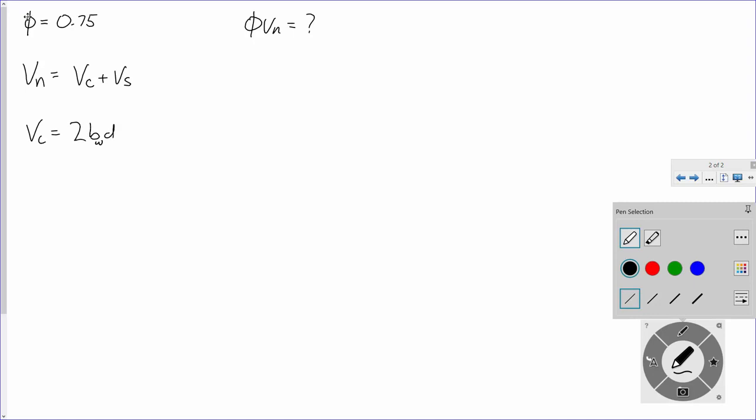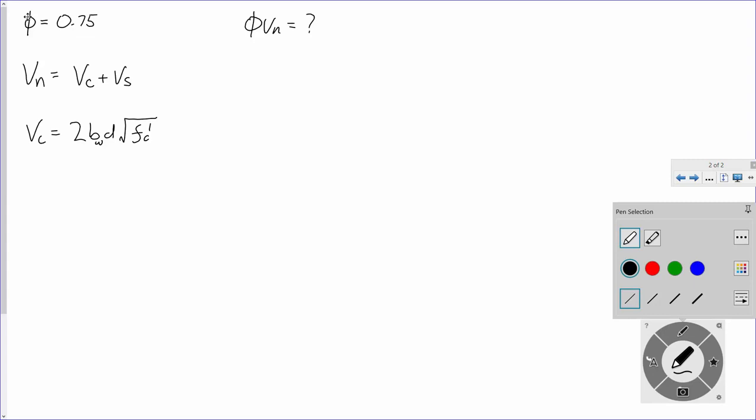Here, I'll go ahead and put the W. Vc is 2 times the square root of f'c times the beam width times the effective depth. Remember, anytime you see that square root of f'c, it is an empirical relationship, which means you put in psi and you get out psi, okay?